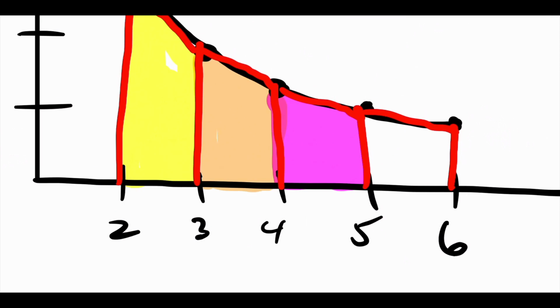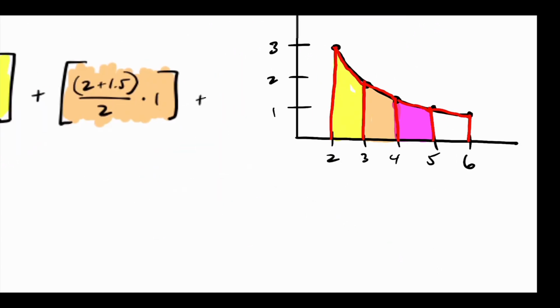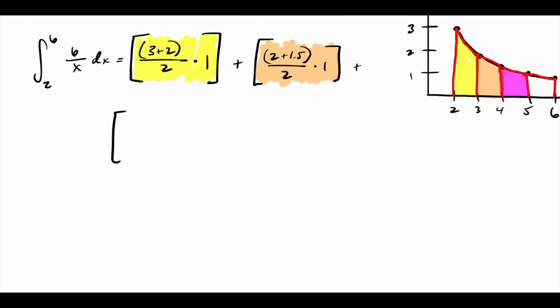So the next one is going to have base 1 of 1.5. Base 2 is going to be 1.2, we said in the table. So 1.5 plus 1.2 divided by 2.